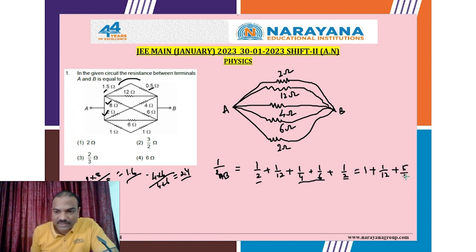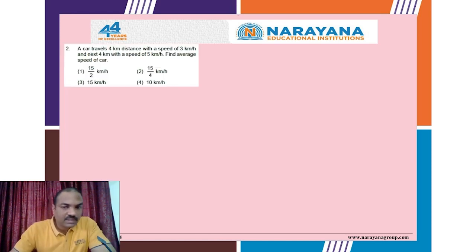So effectively the value will be 1 plus 1 by 12 plus 5 by 12, I mean 6 by 12, which is 1 by 2. So finally it is 3 by 2. 1 by RAB is 3 by 2, so the effective resistance between A and B is RAB equals 2 by 3 ohm.